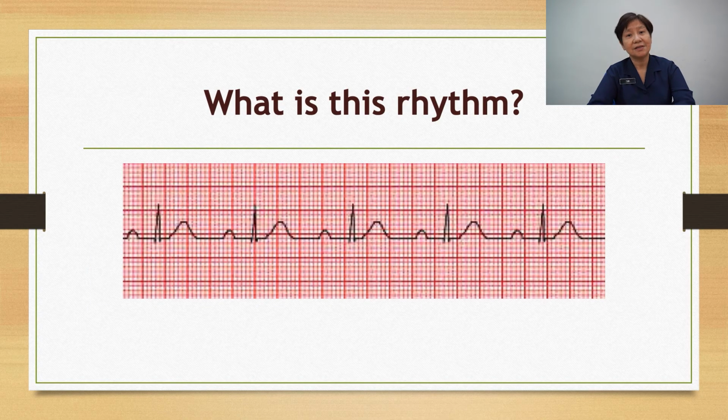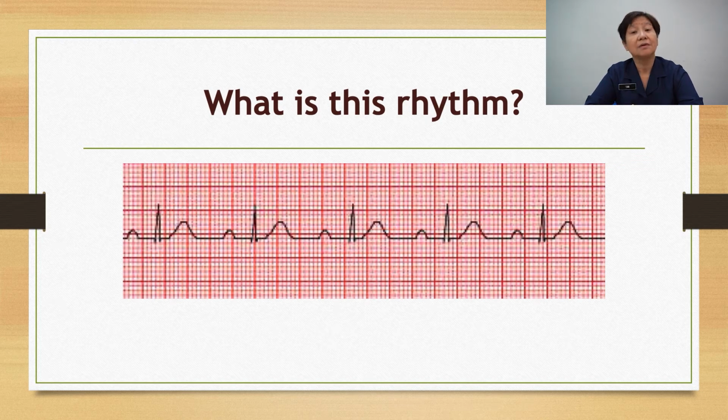Next, after the junctional rhythms, from the SA node to your AV node, there's some delay. Usually the normal PR interval is around 0.2 seconds. It cannot be more than 5 small squares. Can you look at the graph? Is it more than 5 small squares? Yes.